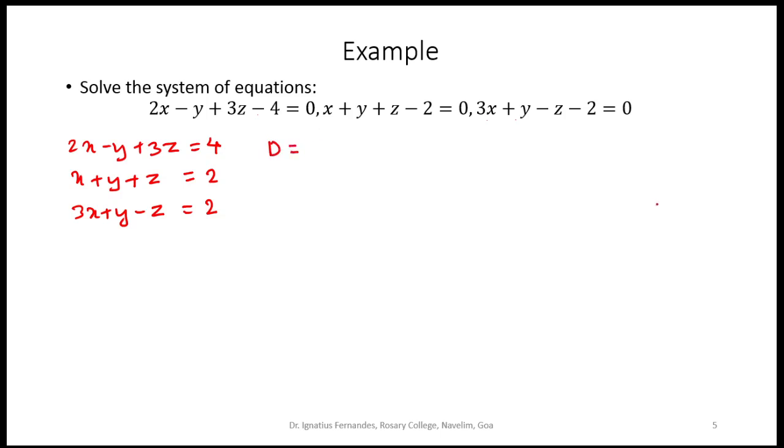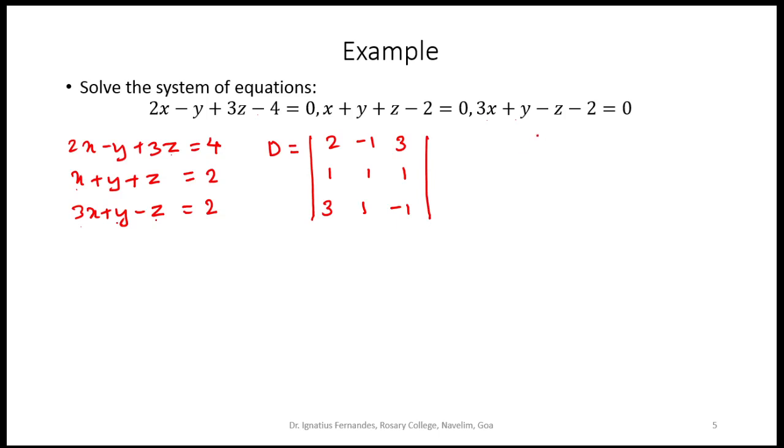So d, what will d be? d will be all the coefficients. So 2, coefficient of y here is minus 1, coefficient of z here is 3. And then the coefficients of x, y, z are all 1, 1, 1 here. And in the third equation 3, coefficient of y is 1 and coefficient of z is minus 1.